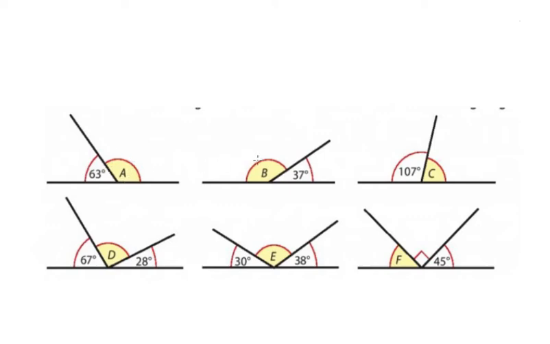So here we have A, B, C, D, E, F. So at the end your homework should be A equals, B equals, C equals, D equals, E equals, and F equals.